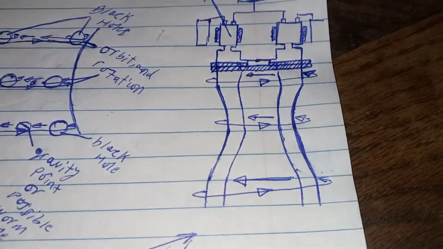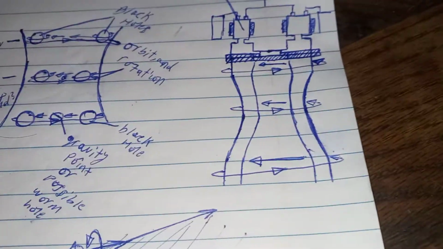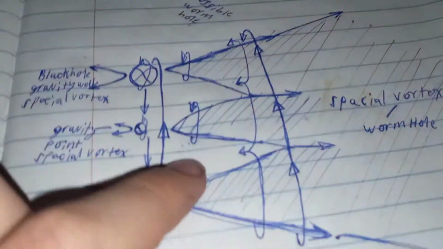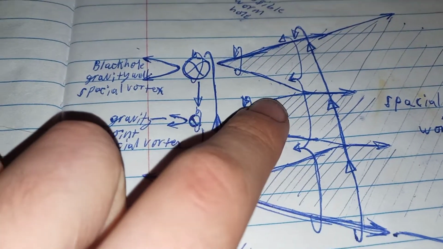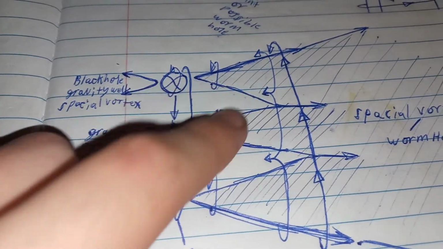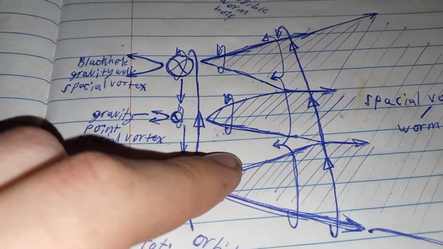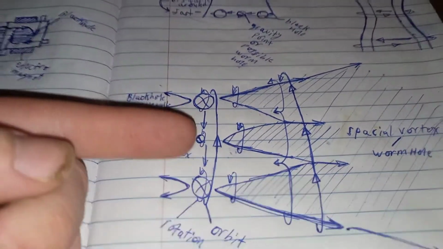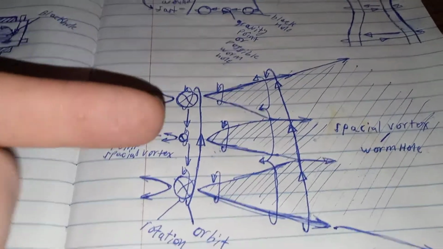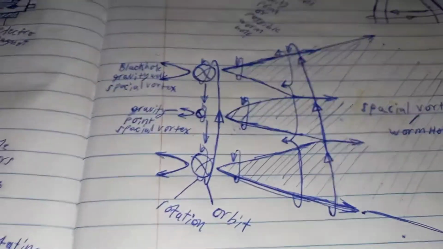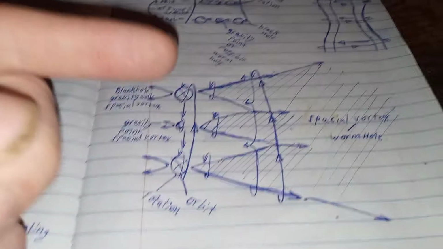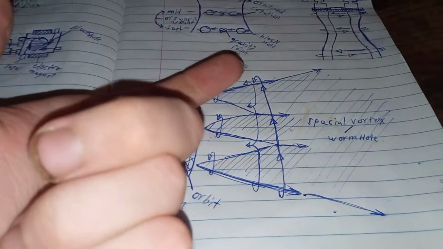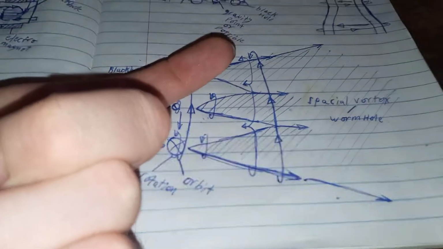Now, why do this? Why rotate them at all? Well, to increase the effectiveness of the spatial vortex that they would create by rotating the black holes. You can basically create a gravitational vortex with them.